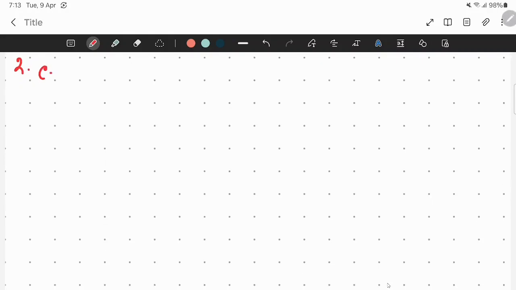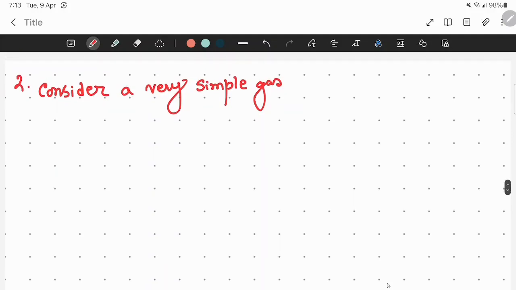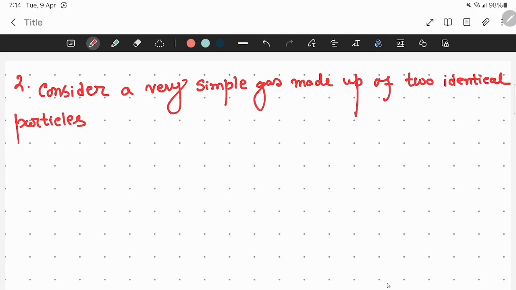So now going to question number 2. Consider a very simple gas made up of two identical particles.